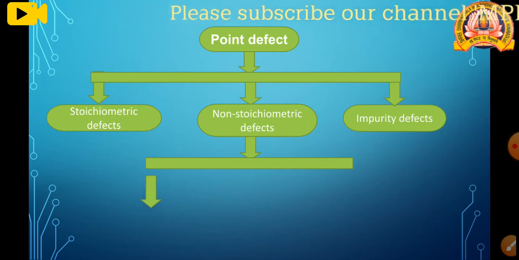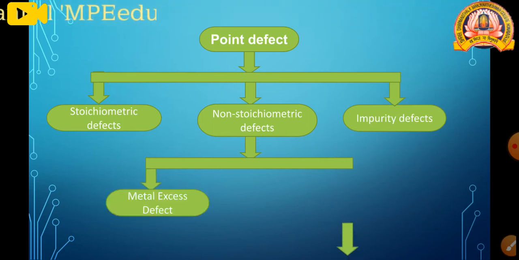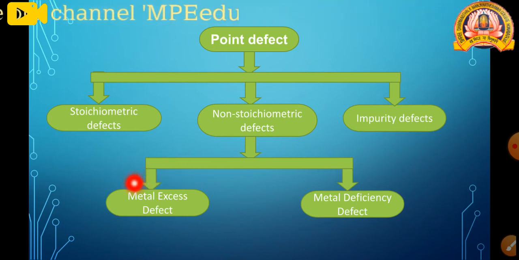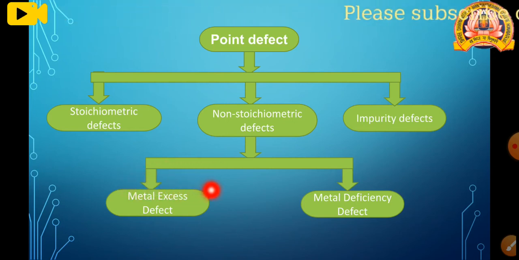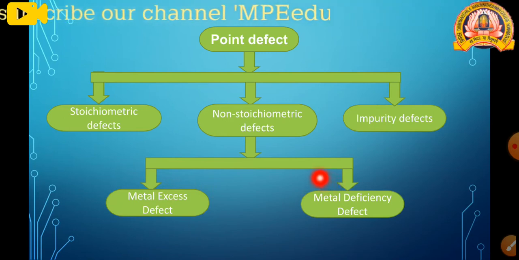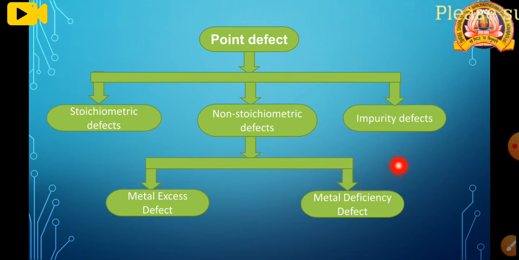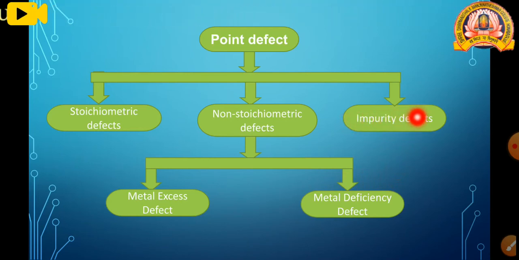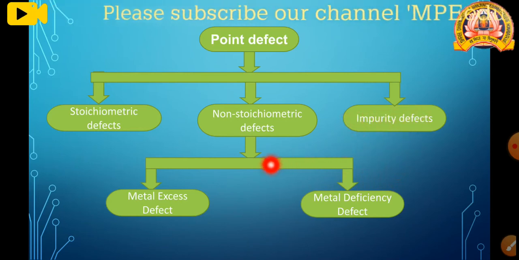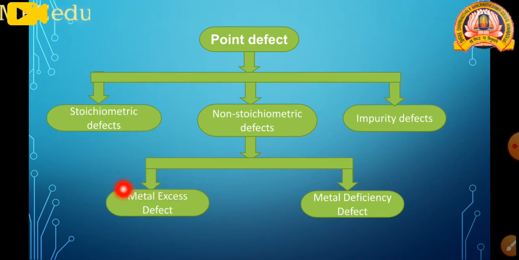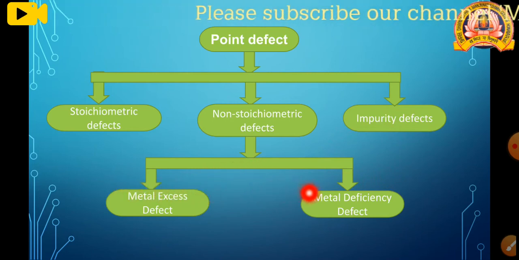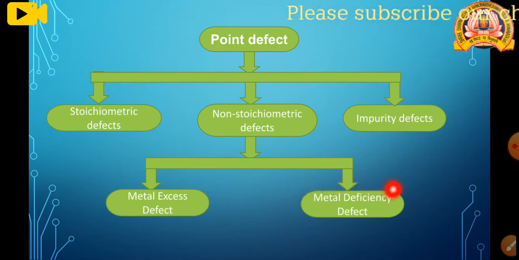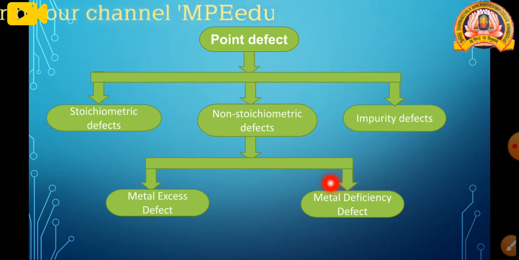The words metal excess and metal deficiency itself say metal. Usually we represent the metal in the form of M plus or M plus 2. That means these are positively charged ions.